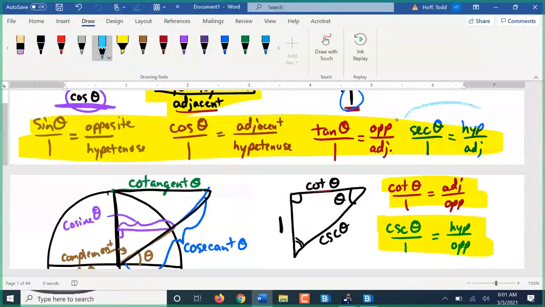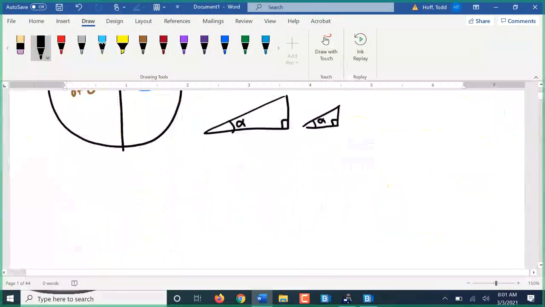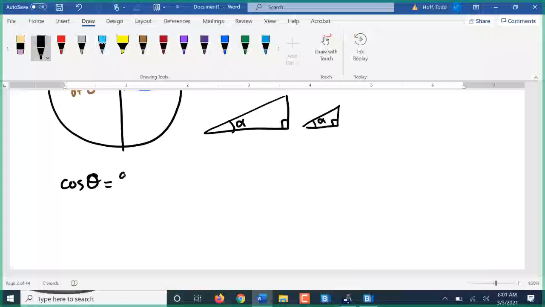Let's look at this secant. We said secant is actually our third major trig function. But on your calculator, they use cosine, not secant. Well, let's look at cosine and secant. Cosine, I don't need to have it over 1. I can get rid of that over 1. Cosine is the adjacent side over the hypotenuse.